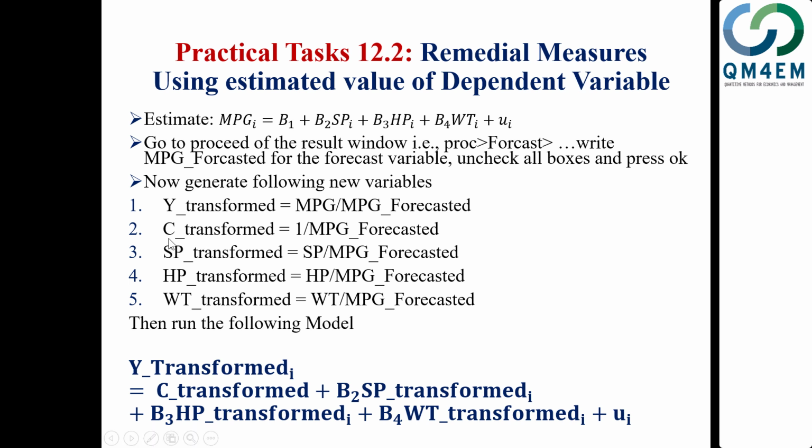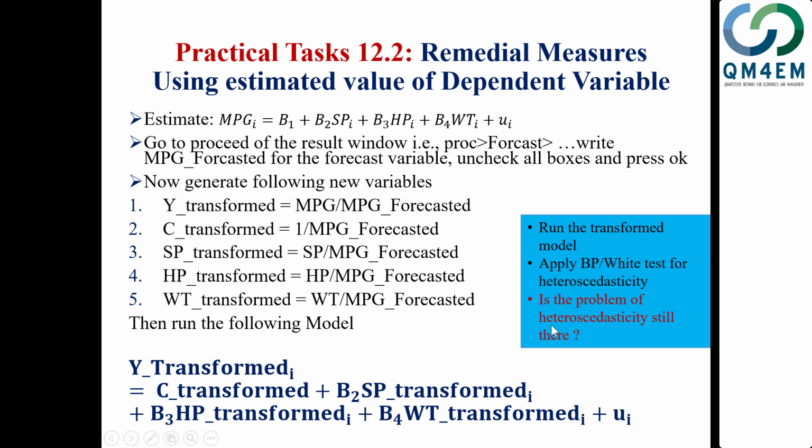However, you were also told to create the transformed constant term as well, by taking the reciprocal of the forecasted value of the dependent variable, for the reason explained in detail in the previous class. Then you were asked to run this model making sure that you do not include the constant term C when you are applying this in Eviews, because the transformed C is already in the model.